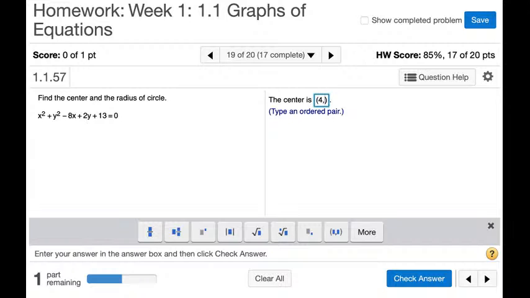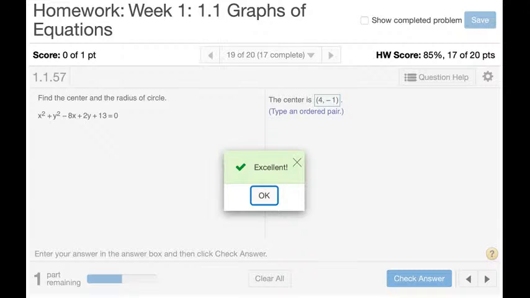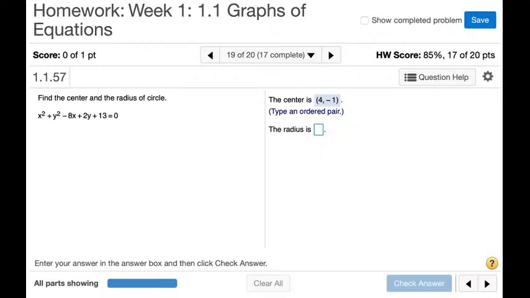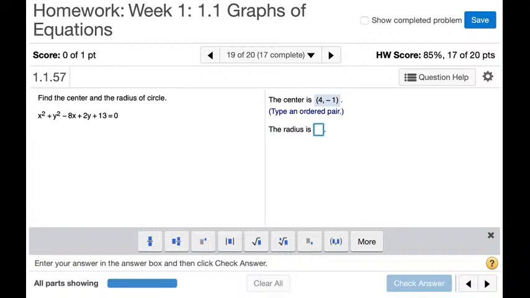Let me try 4 comma negative 1. Okay. So we found the center, and then we need to address the radius. So if the 13 is on the right, we divide it by 2. So we got negative 4 squared was 16. So then 16 minus 13 is 3. And then that was a 1. So I think it's 4. Then I think that's r squared. So the radius should be 2.